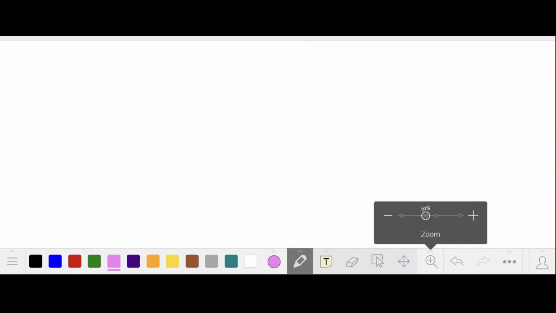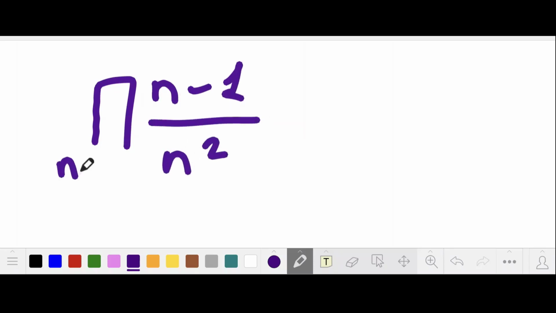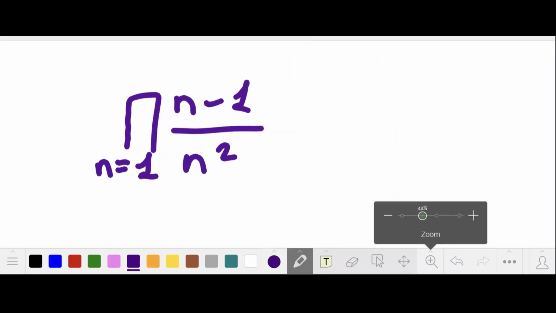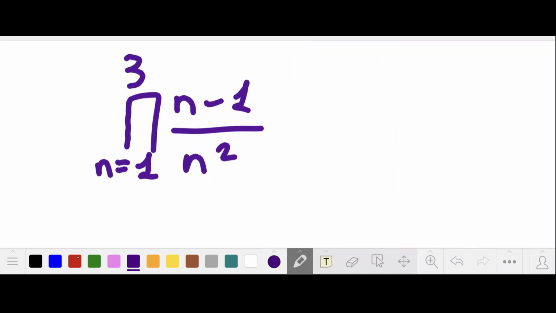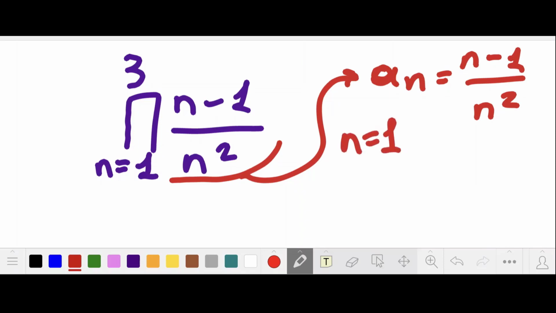Okay? So let's say that we want to calculate the product of n minus 1 divided by n squared. N starts at 1 and ends at 3. So the general formula of our sequence is n minus 1 divided by n squared. So to get the first term, we substitute n to be equal to 1, and we get 0.